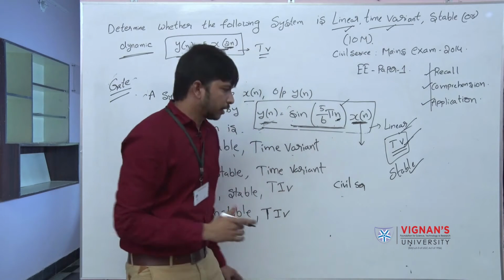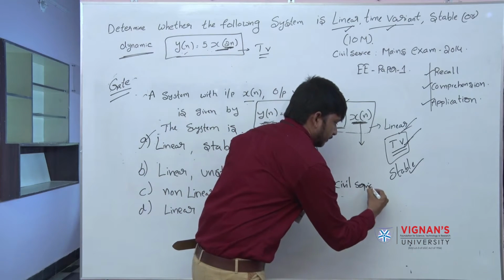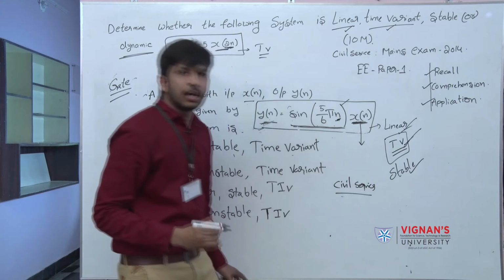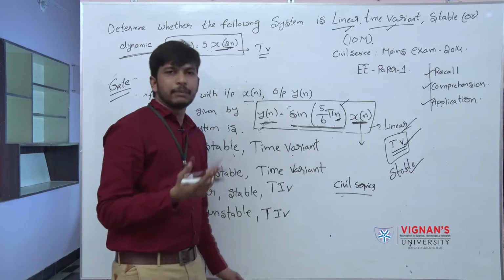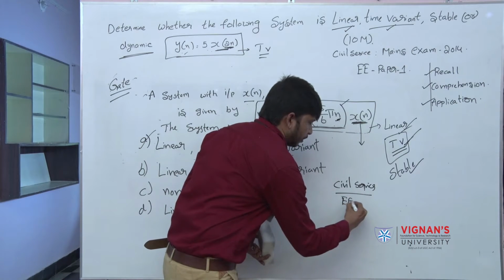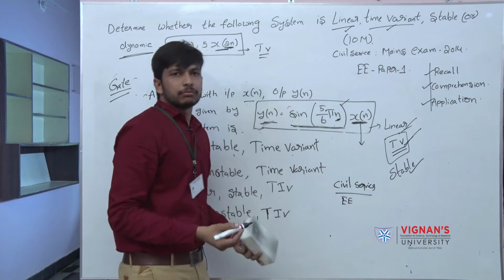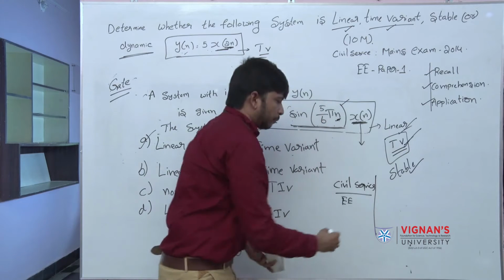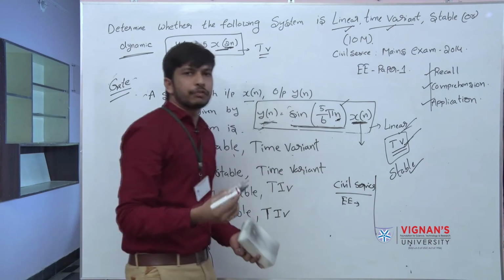For the civil service exam, in engineering you can take an optional subject. Optional subjects available are electrical engineering, mechanical and civil. By taking EE as optional, you can score good marks. Optional 1 and optional 2 are 250 plus 250, 500 marks.